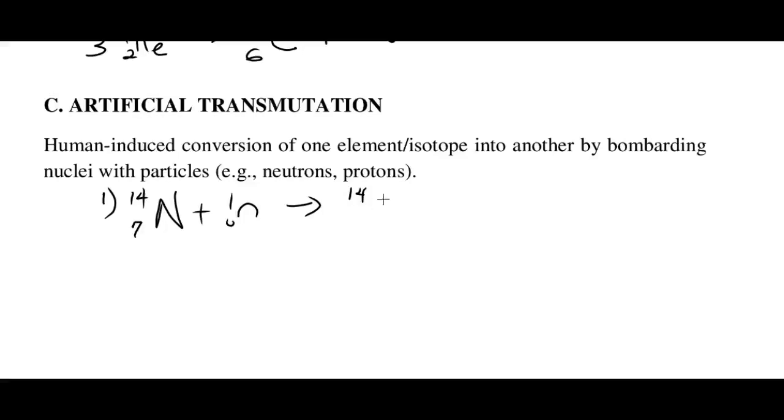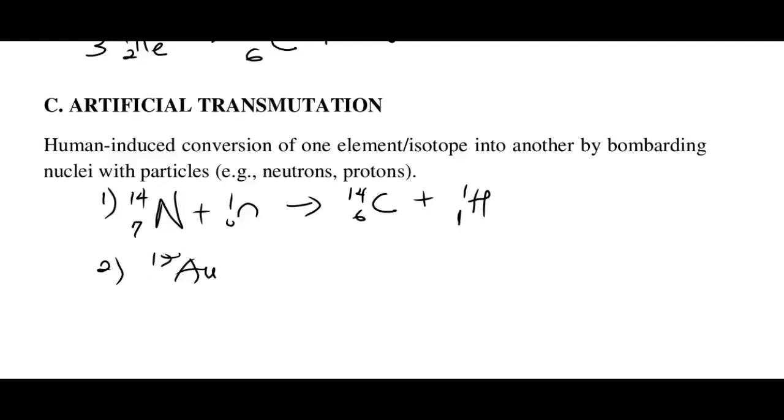It can give us carbon-14 plus hydrogen. All right. So 14 plus 1 is 15. 14 plus 1 is 15. 7 plus 0 is 7. 6 plus 1 is 7. Then gold can be transformed into mercury.